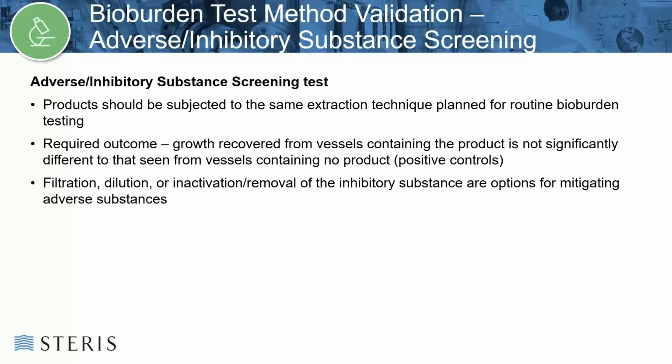There are several techniques which can be employed to overcome adverse or inhibiting substance issues in the Bioburden test, such as filtration, dilution, or inactivation or removal of the inhibitory substance by the addition of a neutralizing substance.